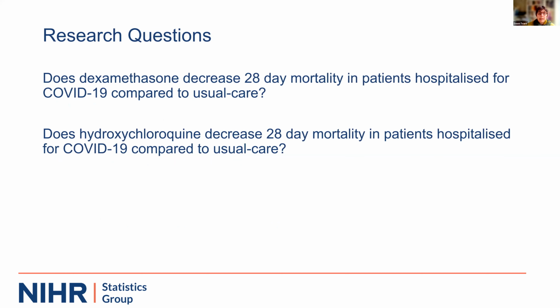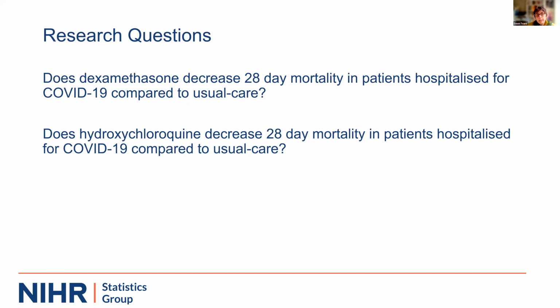And so to link back to how Alice framed the first lecture, there were two separate research questions here. The first one is, does dexamethasone decrease 28-day mortality in patients hospitalized for COVID-19 compared to usual care? And then the second question was exactly the same, but just for hydroxychloroquine.